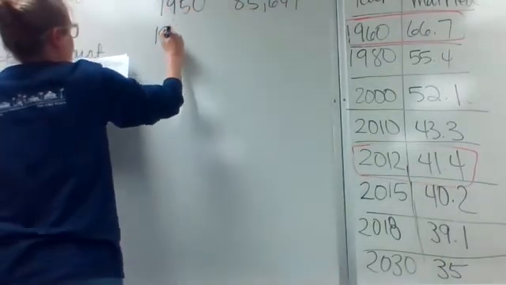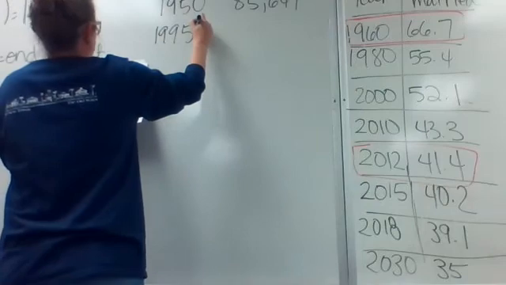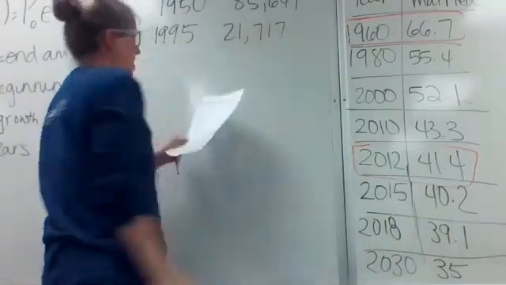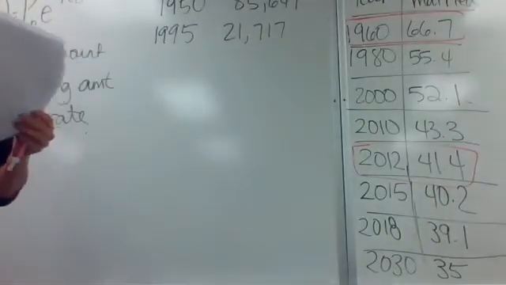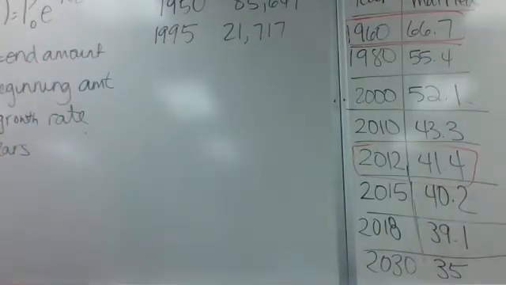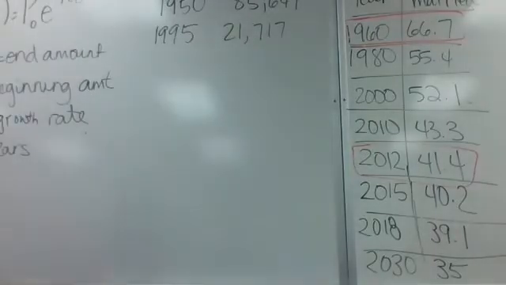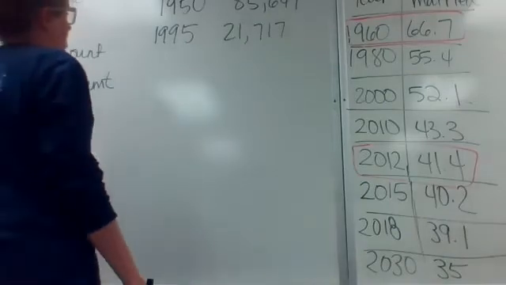And in 1995, there were 21,717 farms. Assuming the number of farms decreased according to the exponential model, find the value of K, and then write an exponential function that describes the number of farms after T number of years.